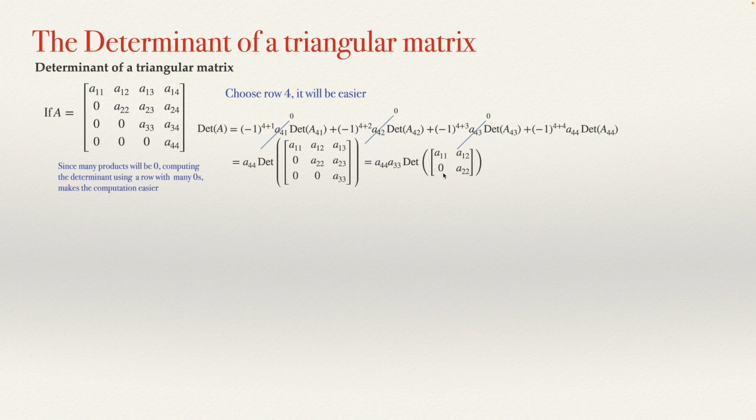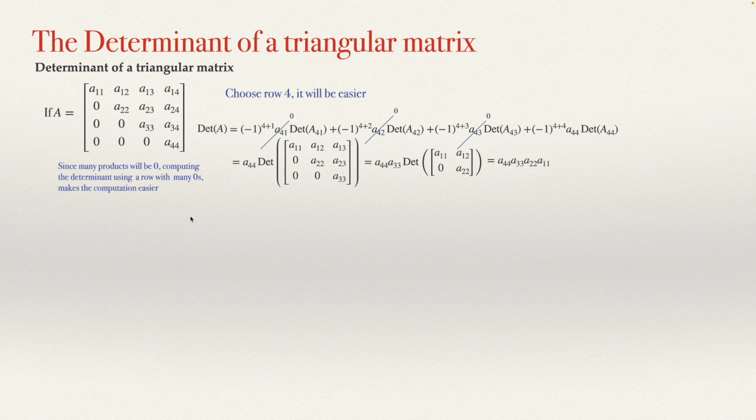And then again, this is a triangular matrix. This is the determinant of a 2 by 2 matrix, and this will be just the product of the main diagonal minus the product of the upward diagonal. But this product will be 0, so it will be A11, A22. So the answer will be A44, A33, A22, A11.